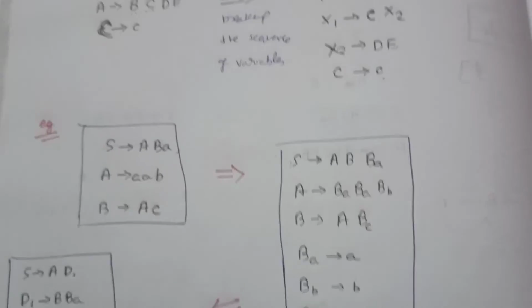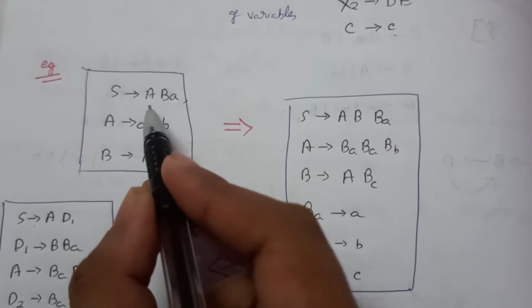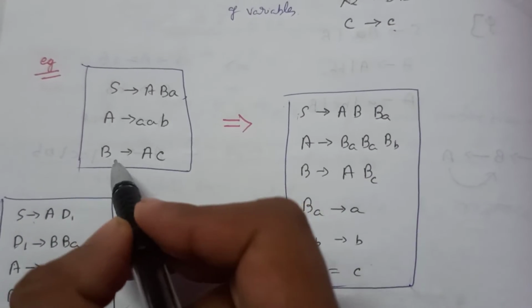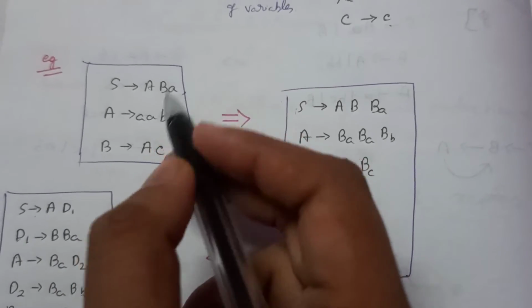Let's take another example, then things will get clear. This is our particular question: S to ABA, A to AAB, and B to AC. The small letters a, b, c are terminals, you can easily understand that.